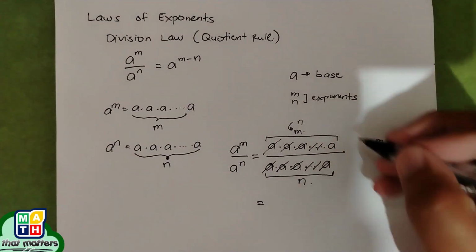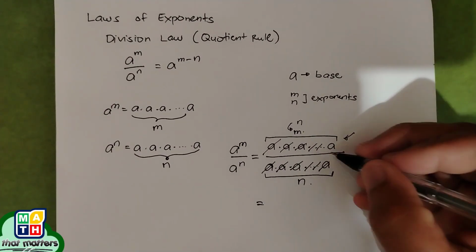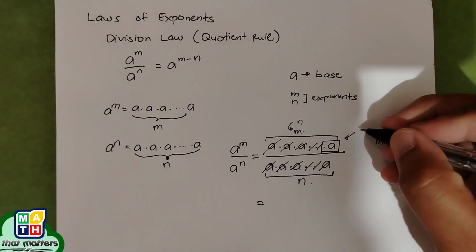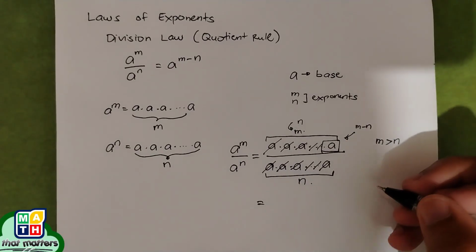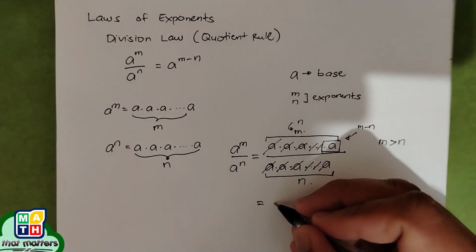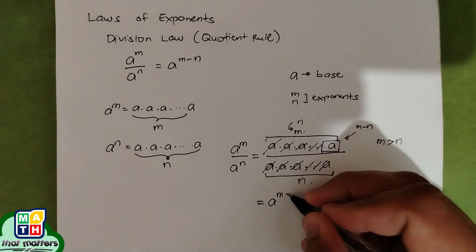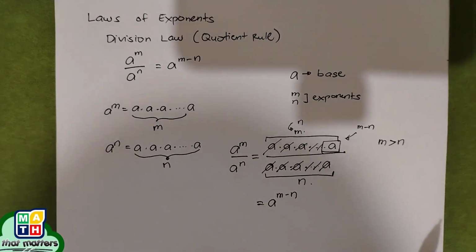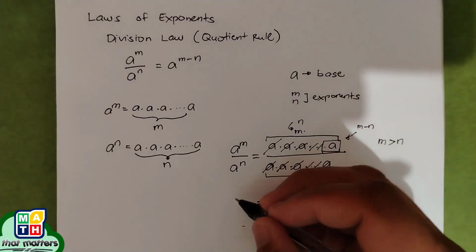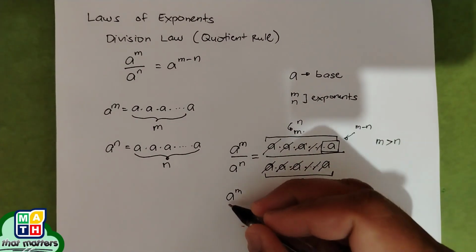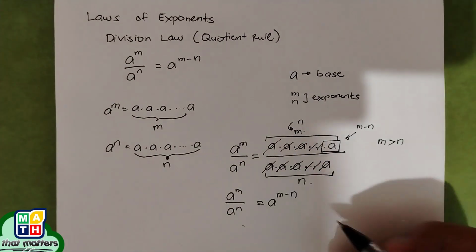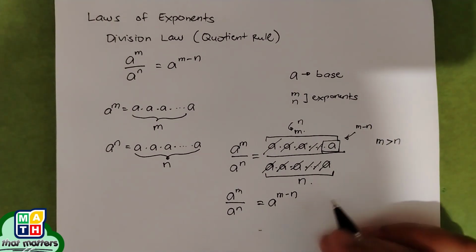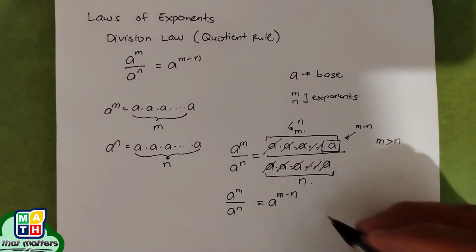In short, the number of a's remaining here is m minus n. This is why you will have a to the m minus n. So this is the proof why a to the power of m divided by a to the power of n is equal to a raised to the difference of their exponents.